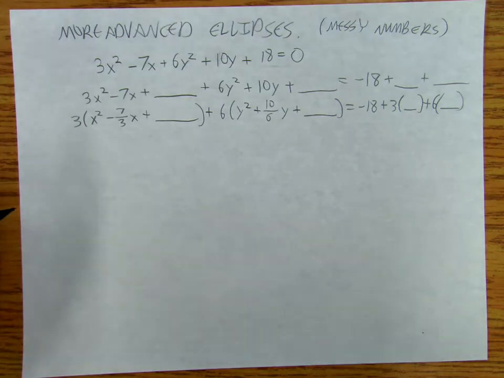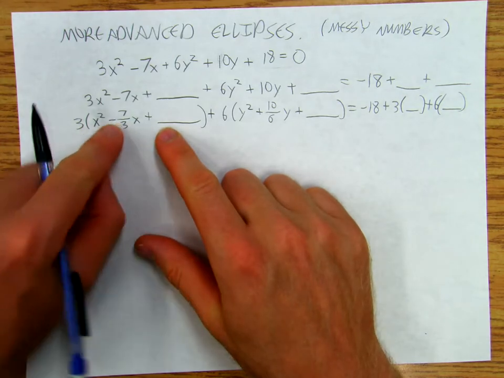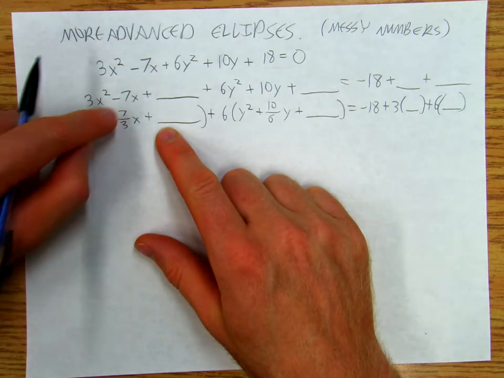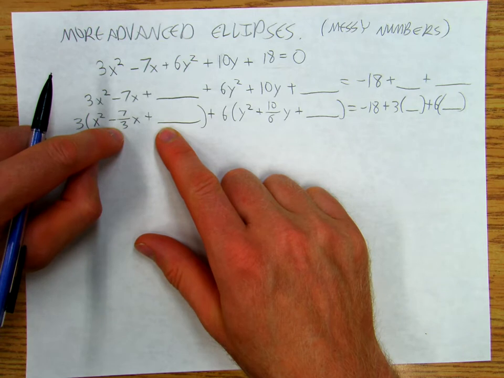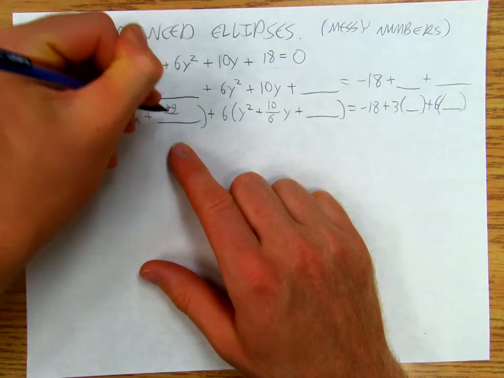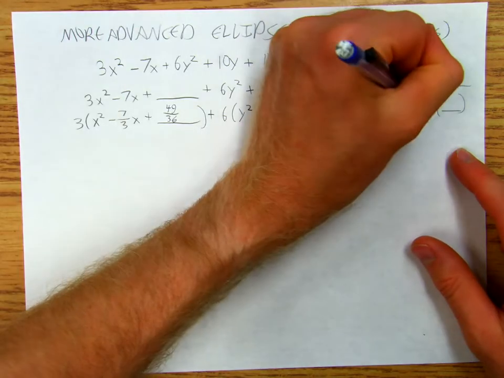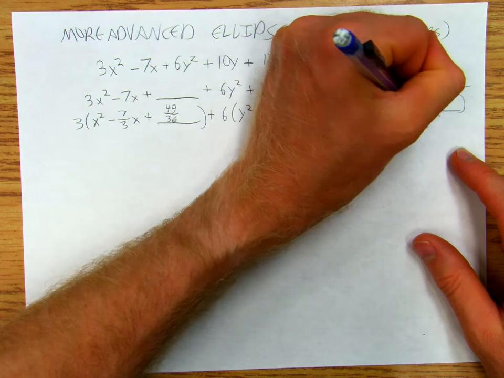Okay, so then I'm going to go, 7/3 divided by 2 is 7/6. Squared is going to be 49 over 36. So then I got 49 over 36.